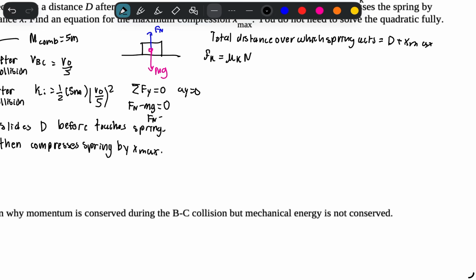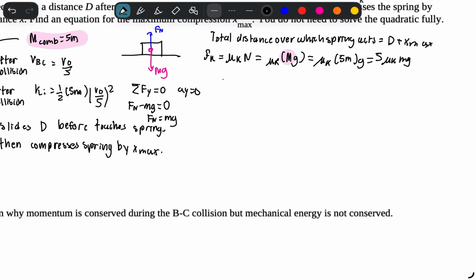So F N is equal to mg, which is why we replace it here. So you get mu k m times g. So we know that m is equal to 5m. So you get mu k times 5m times g.